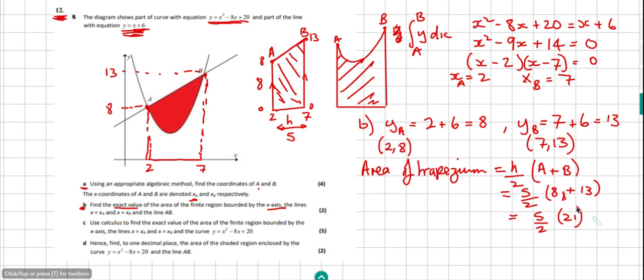And that actually works out as 105 over 2, which is 52.5. So that's the exact value of the area bounded by AB and the x-axis. So that's part B done.